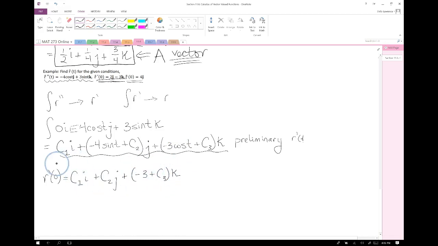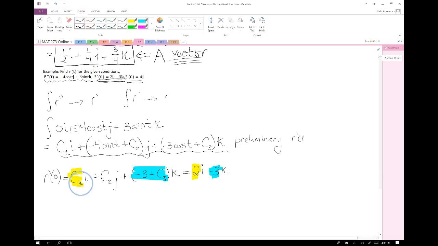So this we're able to figure out from our antiderivative. But according to the information we were given, R prime of 0 should be 2i minus 3k. And by setting them equal, we will be able to solve for those arbitrary constants, because we could solve this equation term by term.